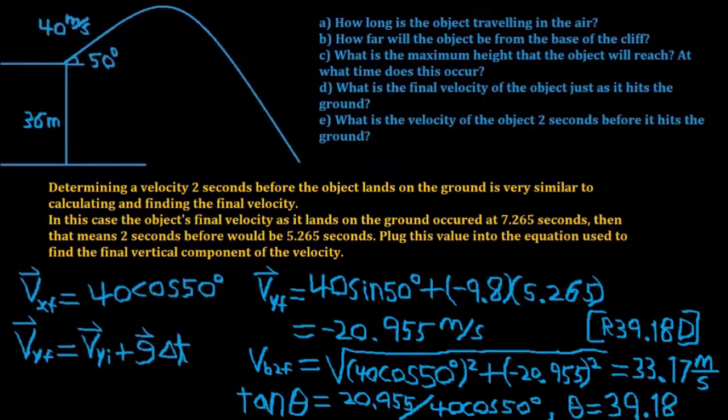Plug that in, and it gives you the velocity, and then using tan theta you can get the direction. So that's how this question would be solved. Thanks for tuning in.